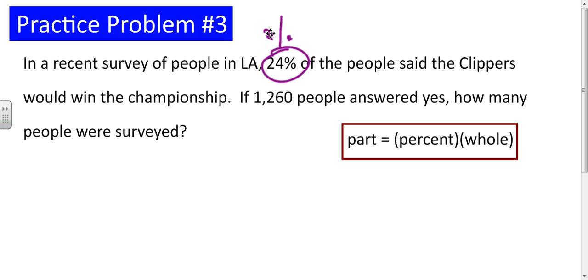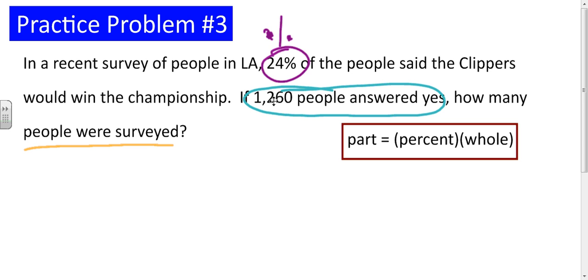All right, so I want to know how many people were surveyed. And I know that 1,260 people said yes. So this is only the people who said yes. So this represents the part of the survey, or the portion of the survey of the people who said yes. So finding out how many people were surveyed, that's the whole.